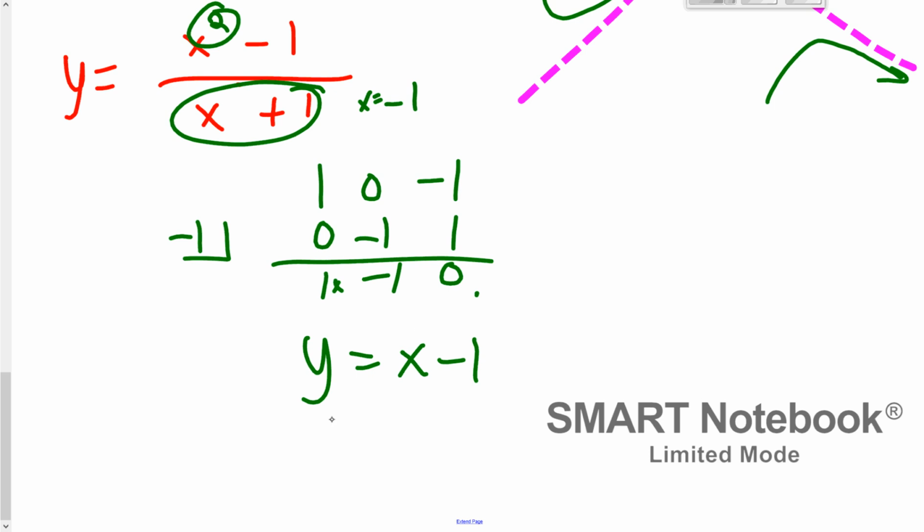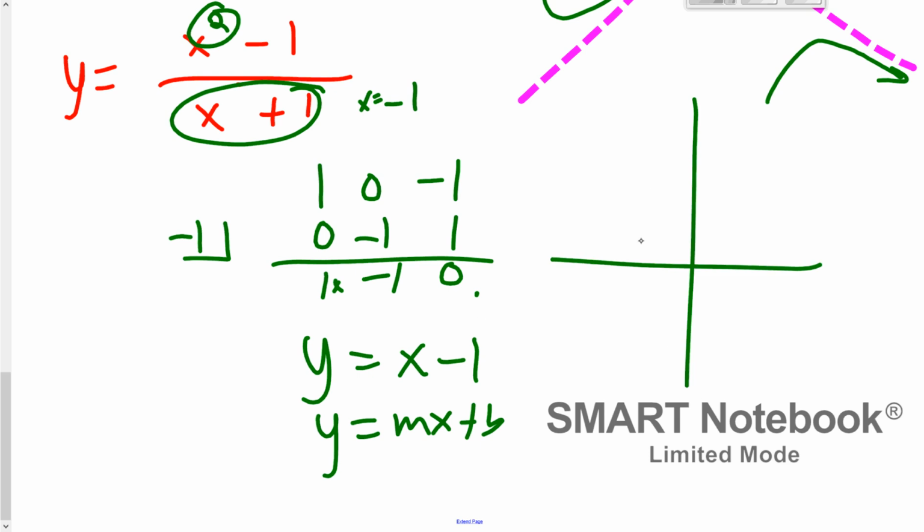It's linear, so it's a linear line. That would be up 1 or down 1, and then up 1 over 1. This would be my oblique asymptote, the linear part of that division there. Okay, so that's how you find asymptotes.